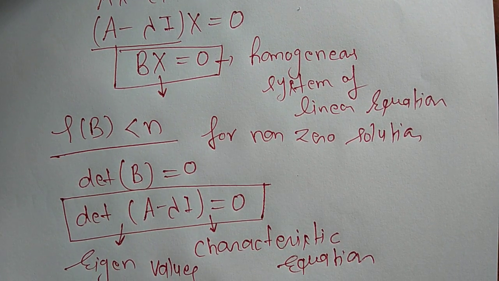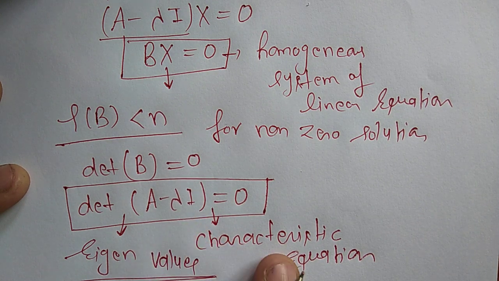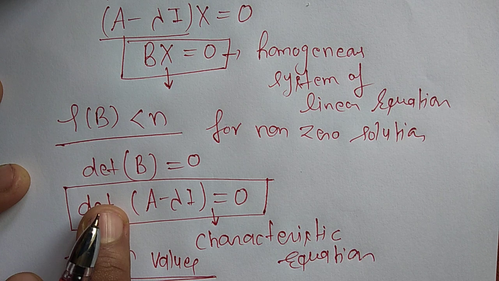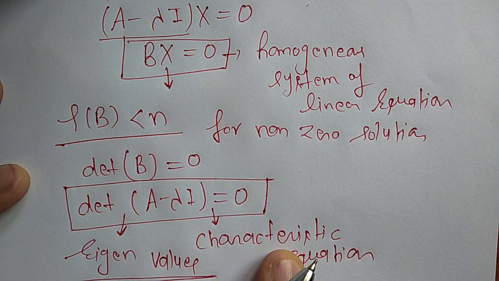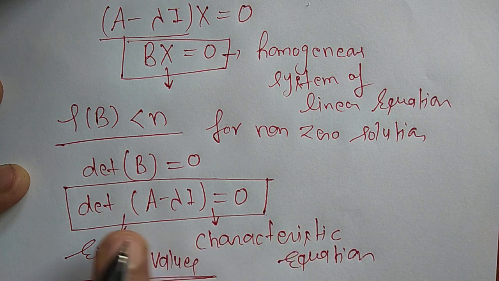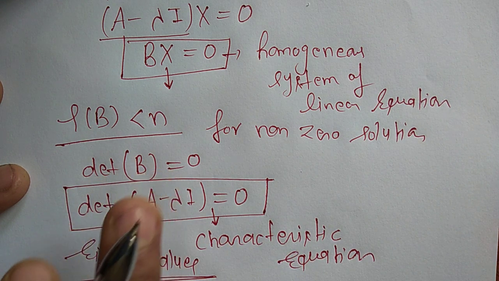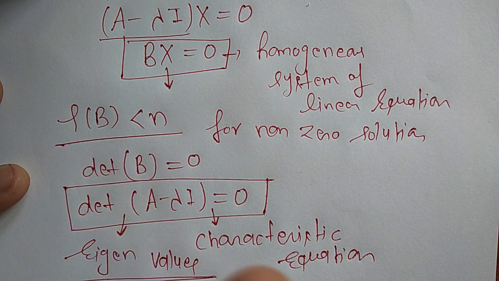If A is a 3 cross 3 matrix, we get a cubic characteristic equation. If A is a 2 cross 2 matrix, we get a quadratic characteristic equation. Since A is a given n cross n matrix, this is a polynomial of order n and it has n eigenvalues.